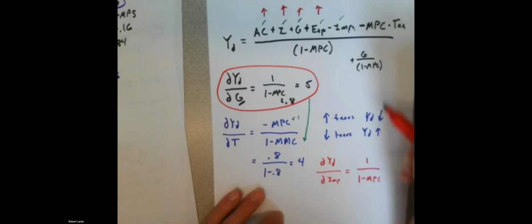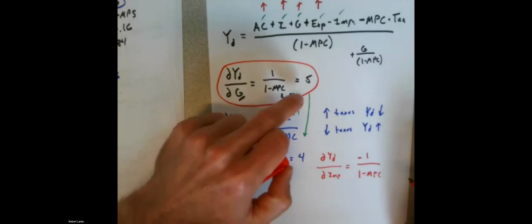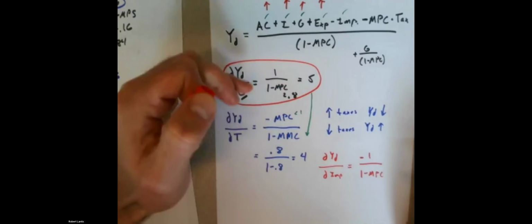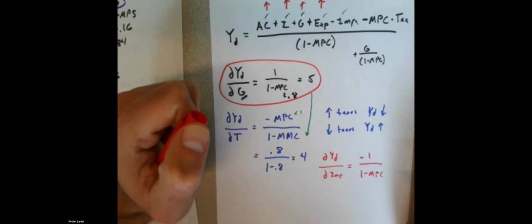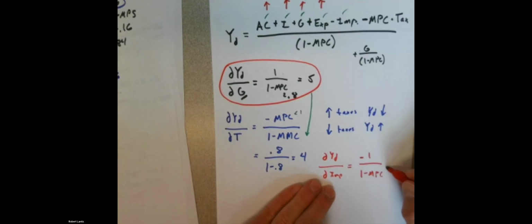But notice on imports there's a negative sign. So to get that same $5 increase from a $1 change in government spending, imports would have to change by $1, because this would still give me 1 over 1 minus 0.8, which would be 5, but there's a negative sign out front. So I actually wouldn't need an increase in imports to get that same effect.